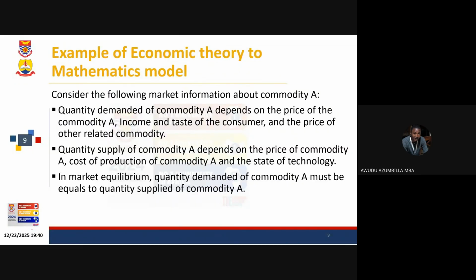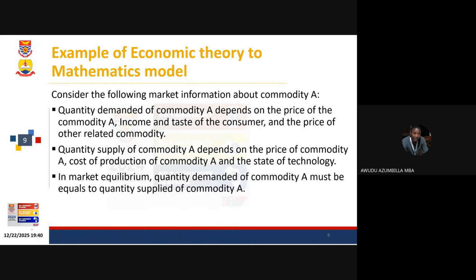Remember, the formal representation that we are talking about is models. So we expect that you should know clearly the differences between models and theories. Now, all these are examples of theories.